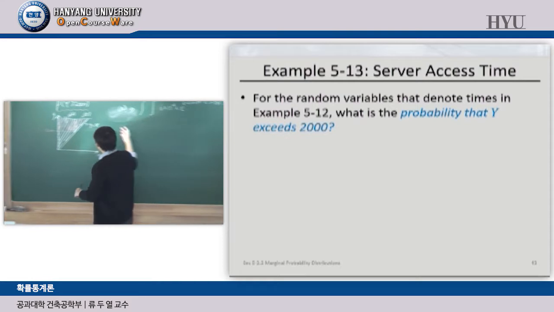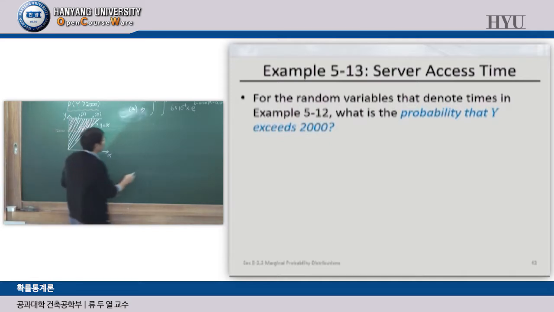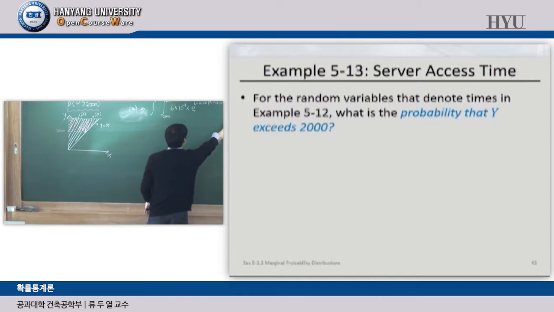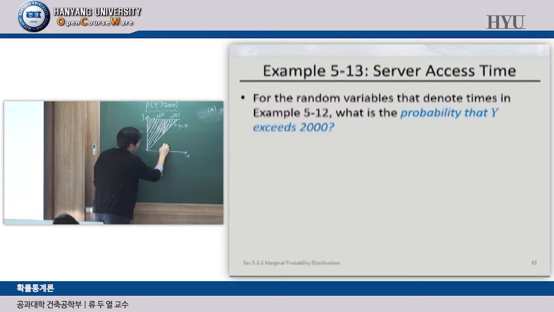Okay? In the case of the part A, the y should be larger than 2000, right? So the range should be between 2000 and infinity, in the case of the y. And what about the x? Since this is y equal to x, right? This point should also be 2000, right?